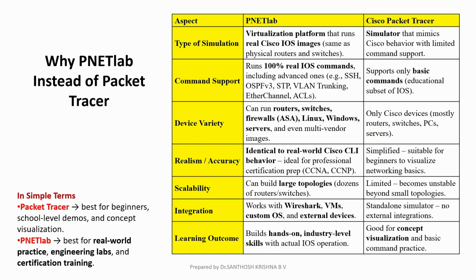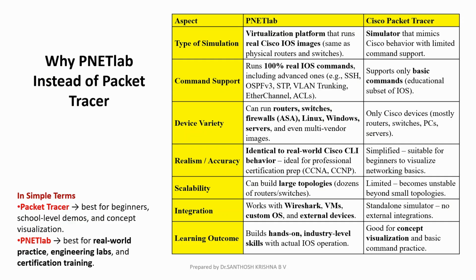When it comes to accuracy, Cisco Packet Tracer is very simplified, which is suitable for beginners to visualize basic networking concepts. Whereas for real-world Cisco CLI behavior, PNET Lab is much more useful for preparing for any certification courses. And when it comes to scalability, Cisco Packet Tracer has limited scalability, which means it is unstable for large topologies, whereas PNET Labs can build large topologies, and we can add up to dozens of routers and switches.